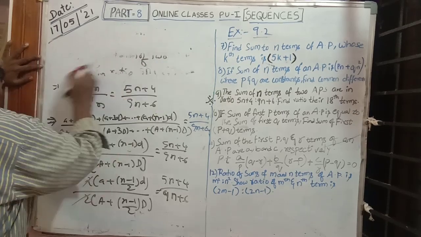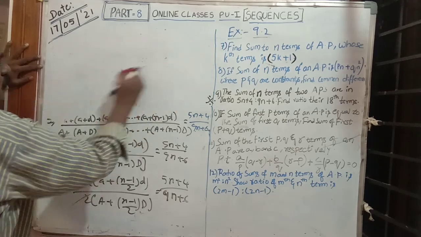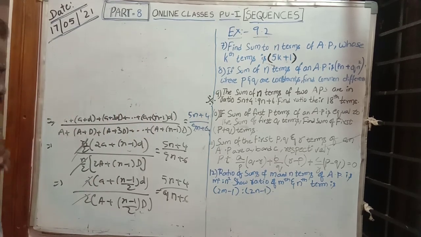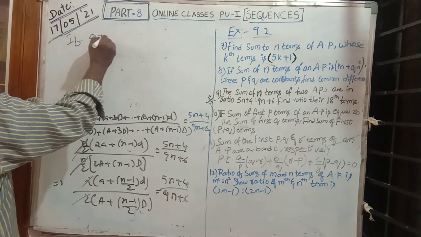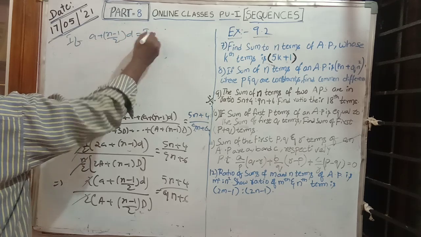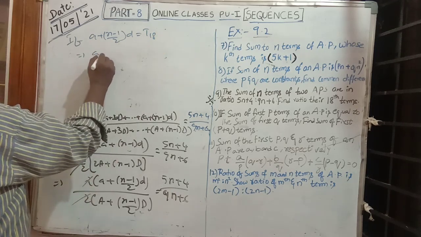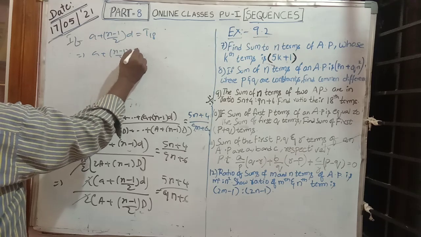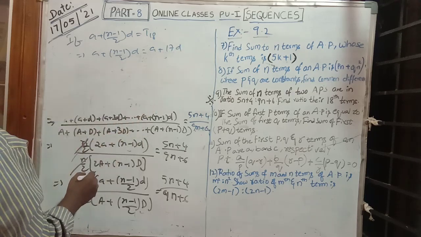For the 18th term, you observe it, you assume that A plus (n minus 1) by 2 D is equal to T18. A plus 17D is nothing but the 18th term.